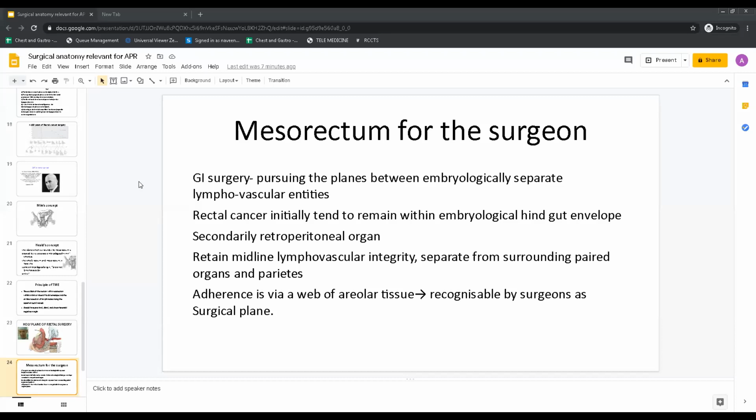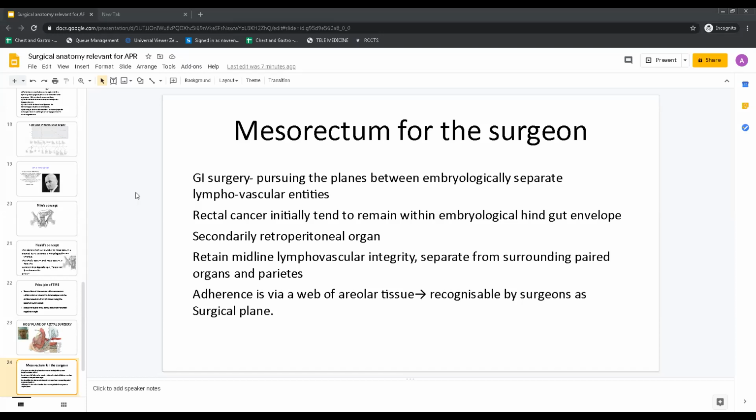Because of that, the management is also different. As Arun said, you have to have radiation as part of your treatment. So defining an upper limit is very important, and based on that natural history, your treatment protocols will also change.